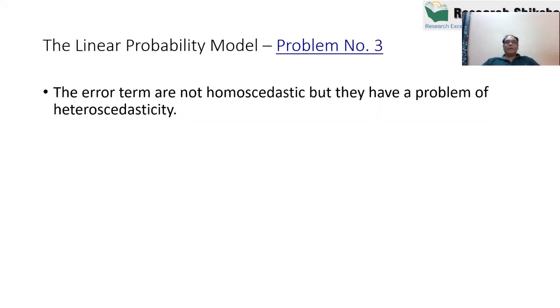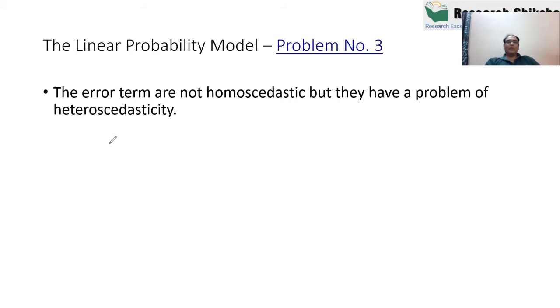The third problem is the problem of heteroscedasticity. When your dependent variable is a binary variable, the error term also tends to be 0 and 1. The error is always the difference between the actual value and the predicted value.